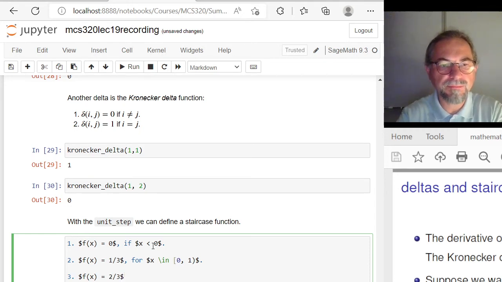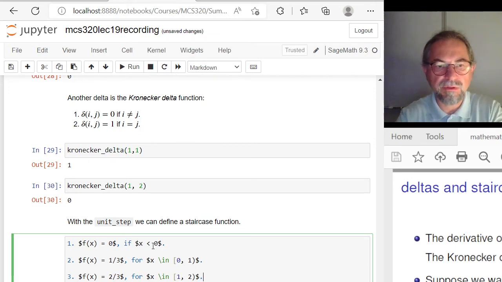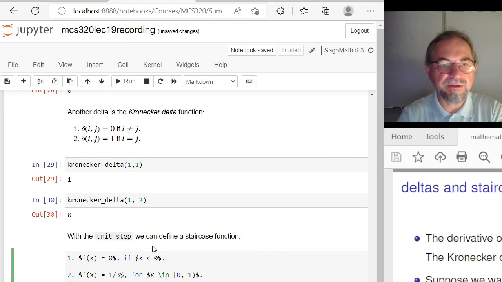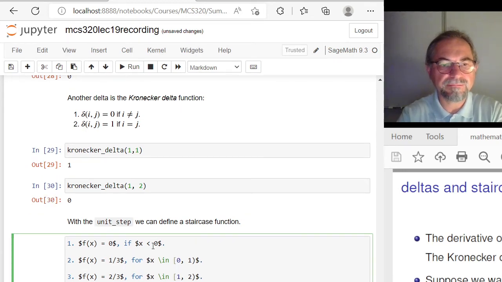At 1, I will have 2 over 3, and it will stay that way till we get to 2. So the third rule does not define what the function value will be at 2. That's defined by the last rule.